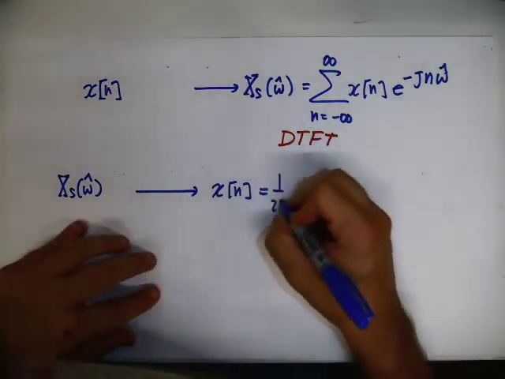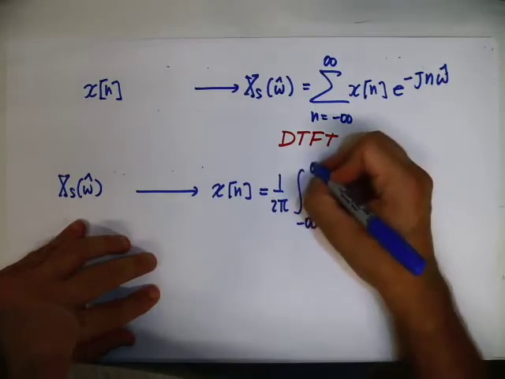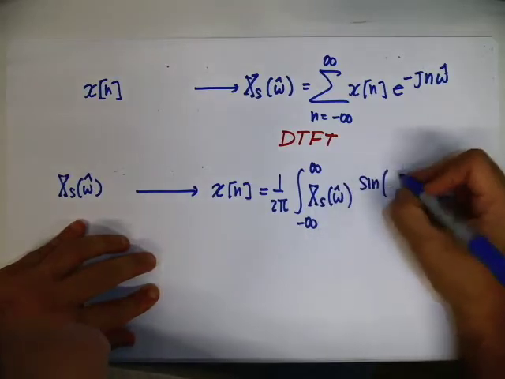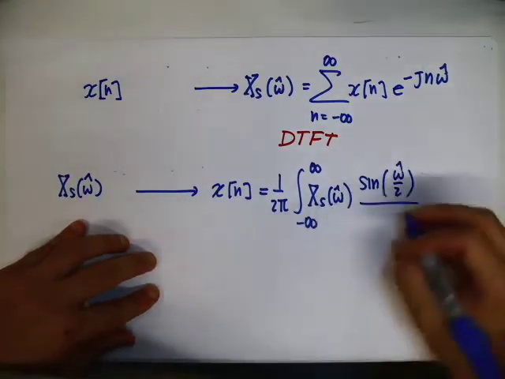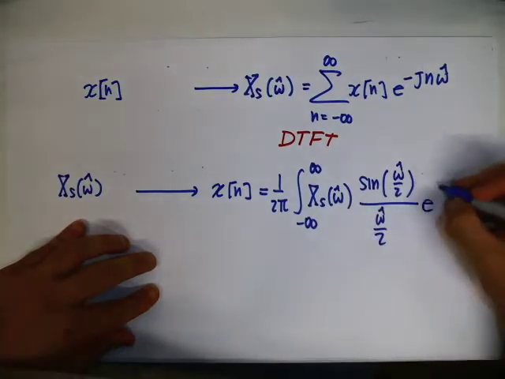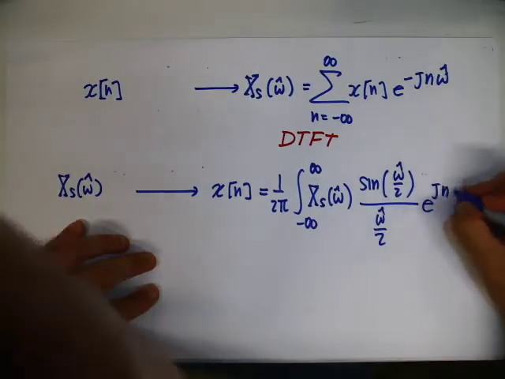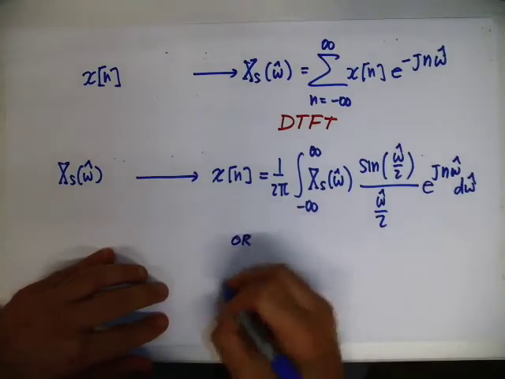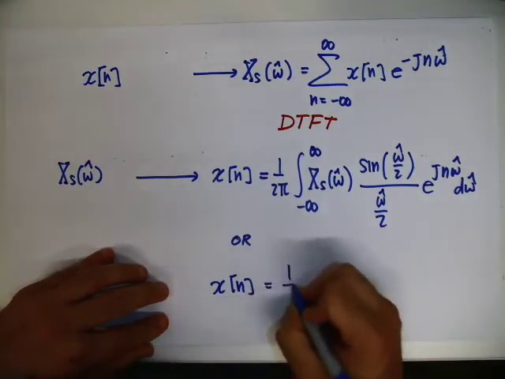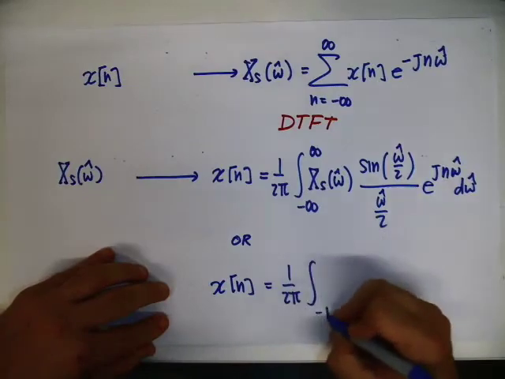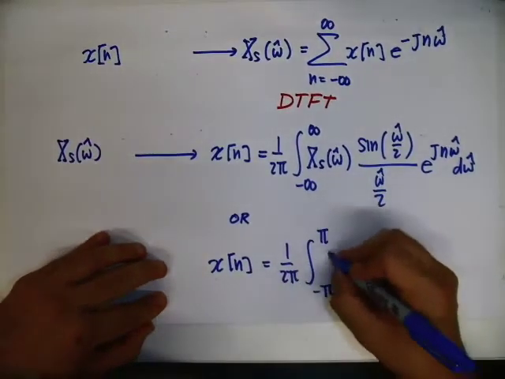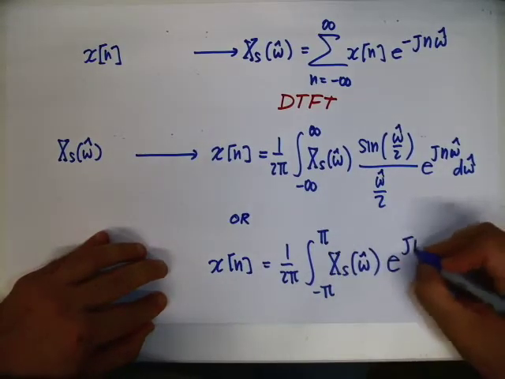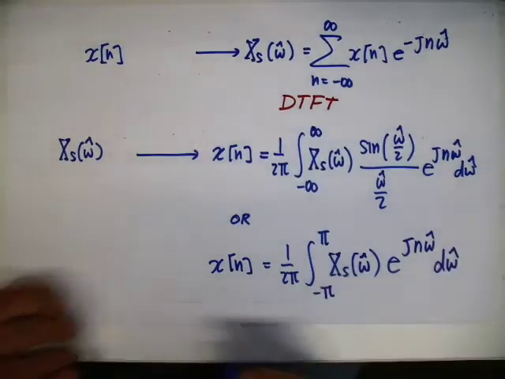I can do, for example, the integral between minus infinity and infinity of X s of omega hat sine of omega hat divided by 2, divided by omega hat divided by 2, e to the j n omega hat d omega, or x n equal 1 over 2 pi integral between minus pi and pi of X s of omega hat e to the j n omega hat d omega.